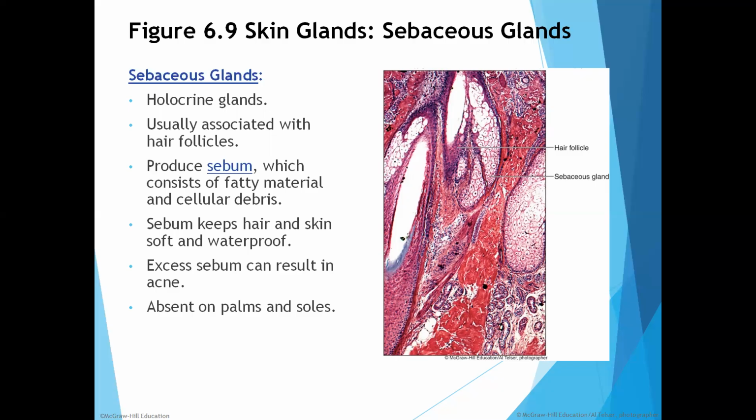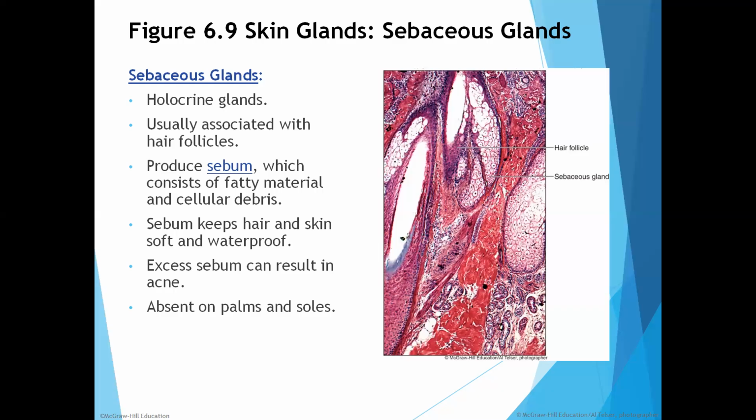So when we think about this excessive sebum, sometimes it can actually trap bacteria, and then that can result in acne. So when we have these overproductive sebaceous glands trapping these little pieces of debris and bacteria, it can lead to inflammation and it can lead to infection. And that's what truly acne is. So just something to keep in mind.